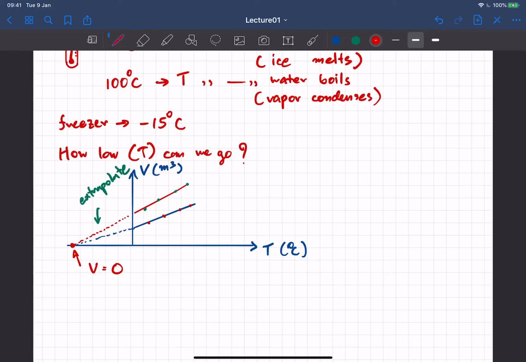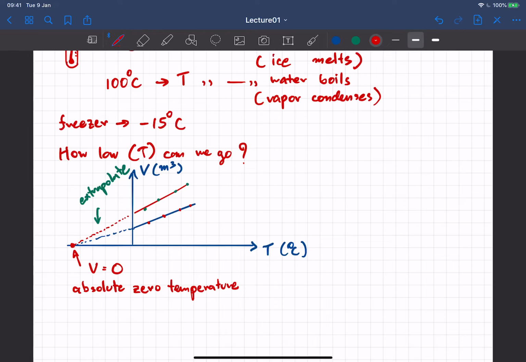So this is what we call the absolute zero temperature. This is the lowest temperature that we can, in principle, get anywhere in the universe. No matter how much more expensive you pay for your freezer, it's not going to go lower than this.